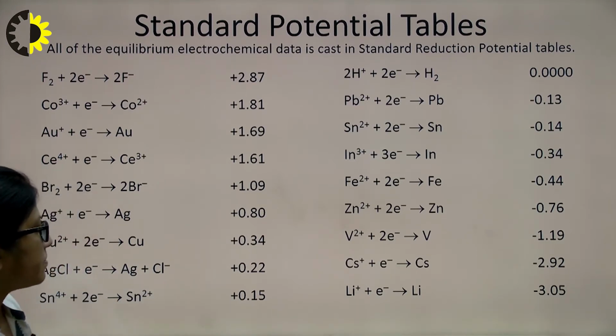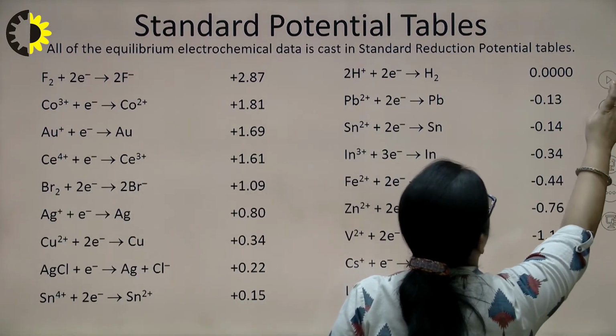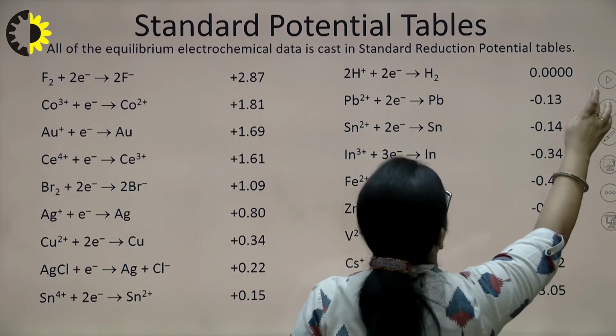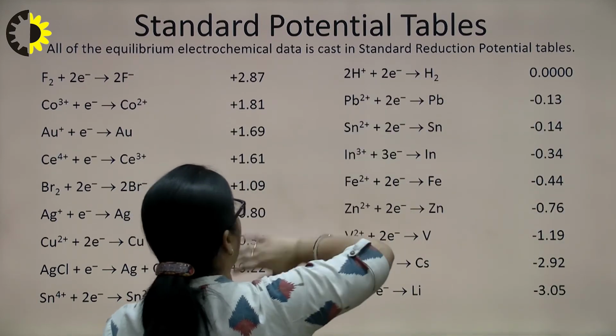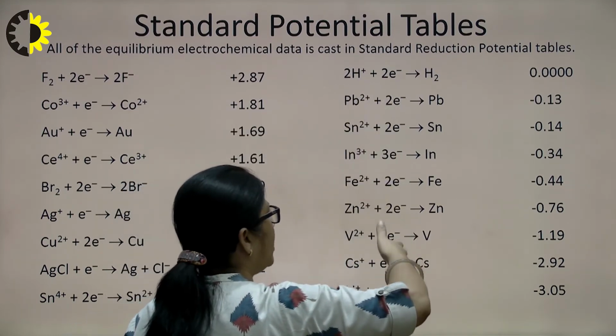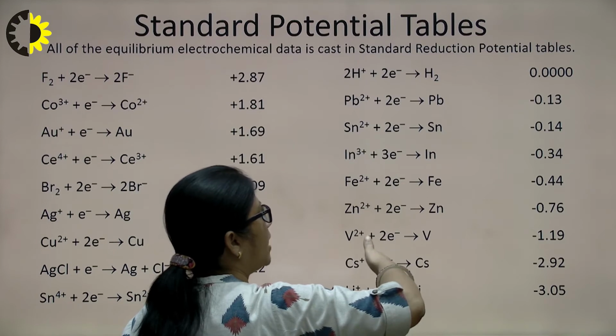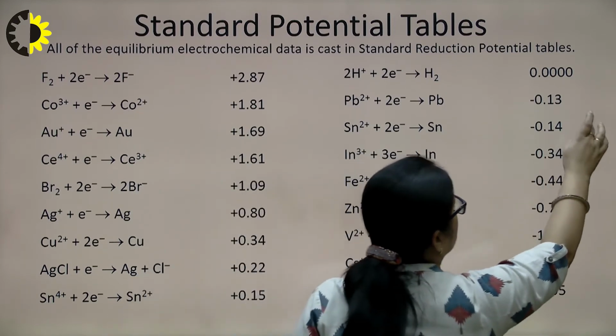So, in this table, the elements which are present above hydrogen have more tendency towards reduction, whereas the elements present on the negative side of hydrogen have more tendency towards oxidation.